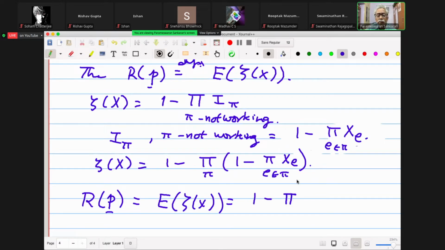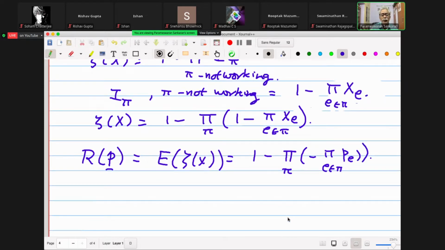Independence is required right now. So 1 minus product. Expectation of this, because each edge is a Bernoulli distribution. So this is P of e, and here e is in pi. And this is over all possible available paths in the network. So this is the formula for reliability.